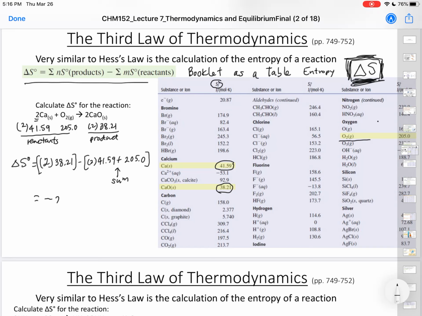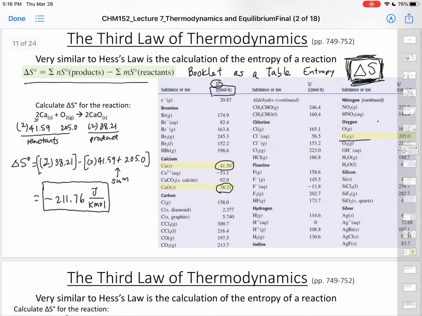You should check my math, I'm getting minus 211.76. The units should be joules over K mole, or mole K. I like to write K mole.